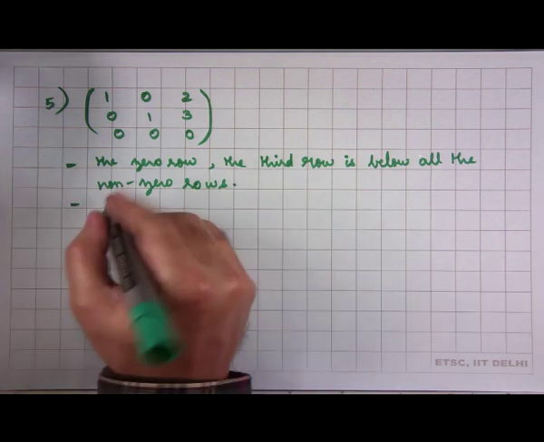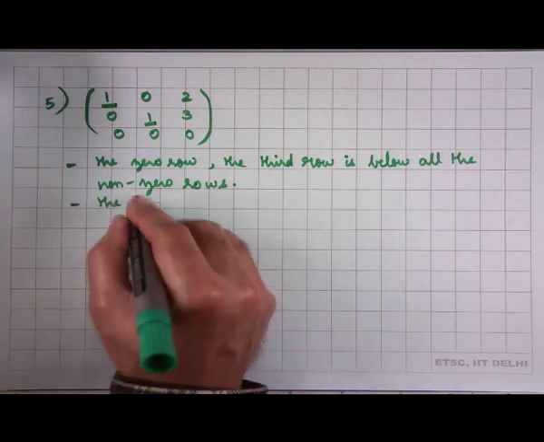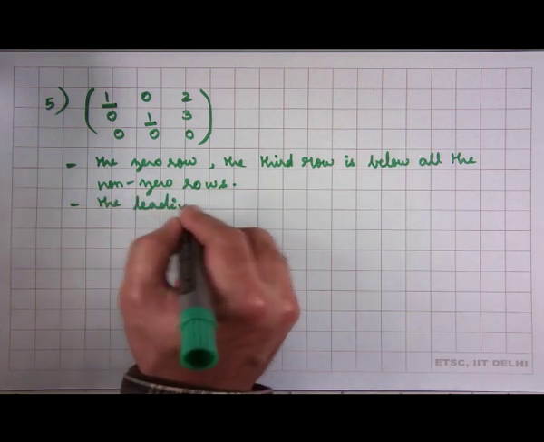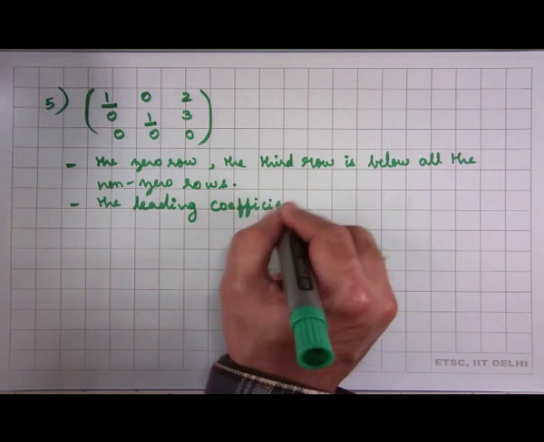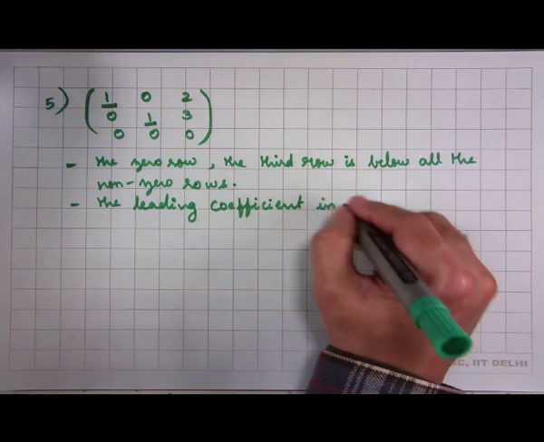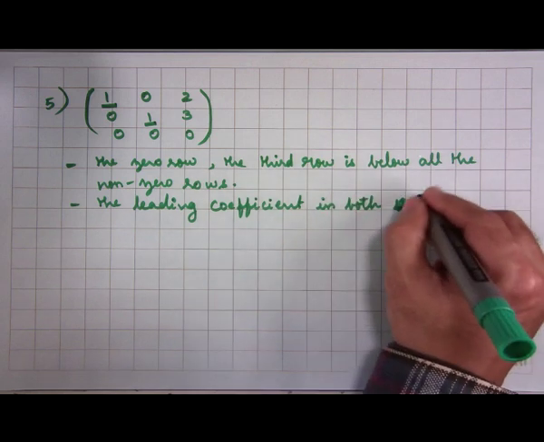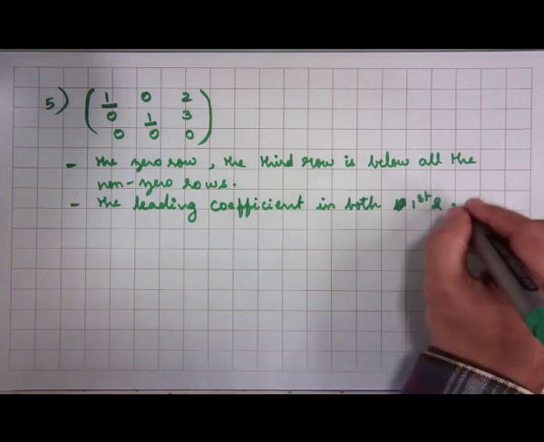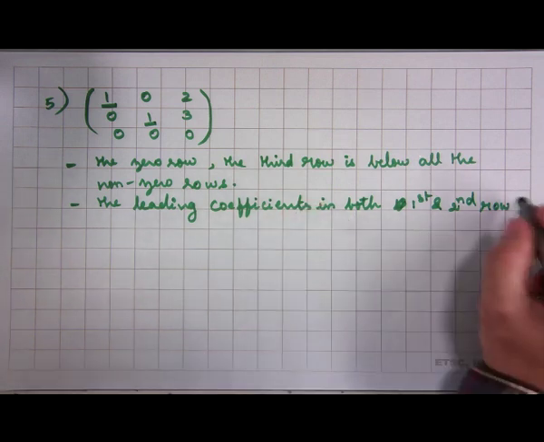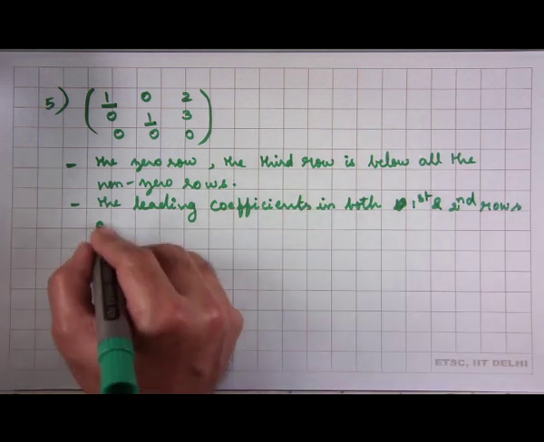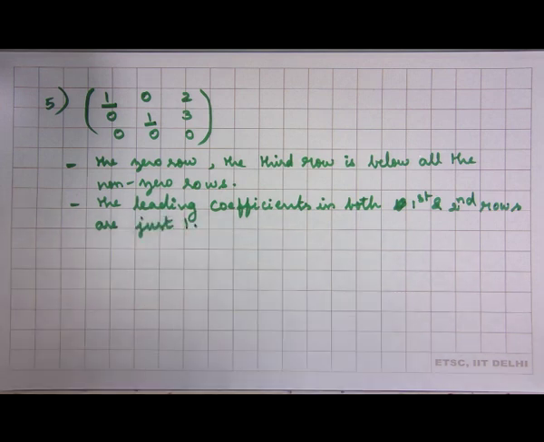Second, the leading coefficient, or the first non-zero coefficient, in both first and second rows are just 1, right, and therefore, you are done.